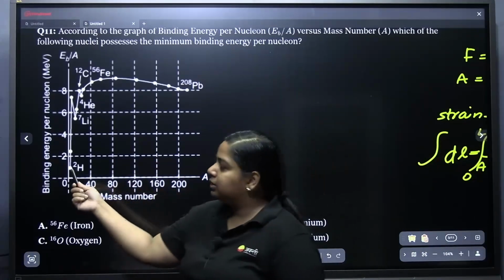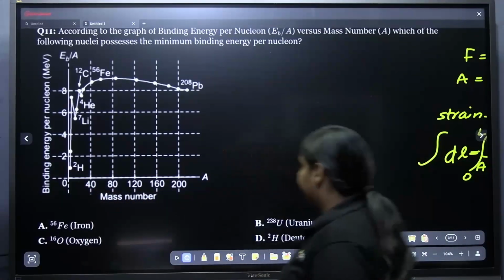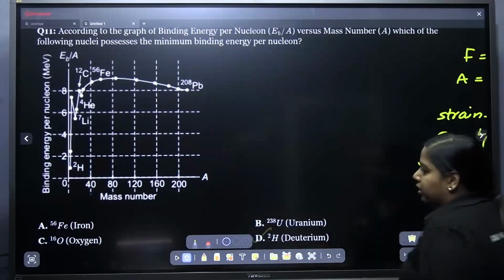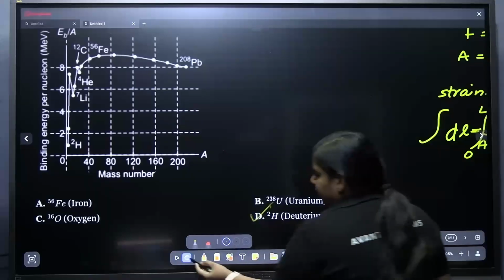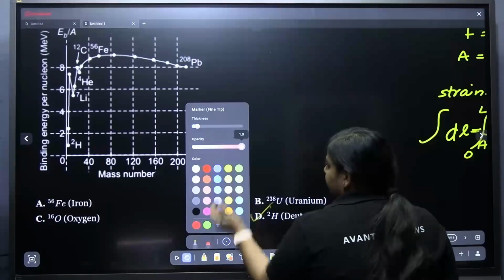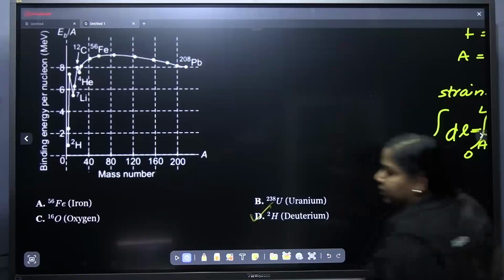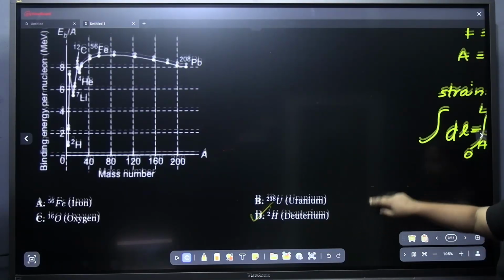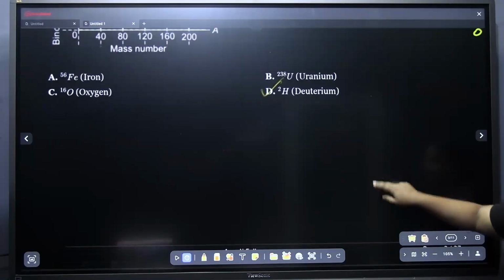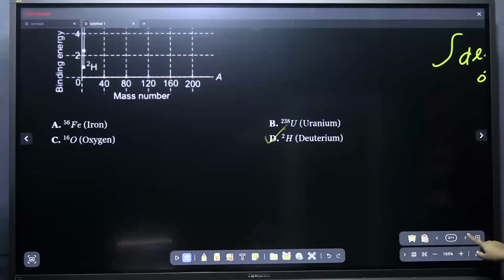Minimum binding energy is at this point, that is deuterium. So option D, deuterium has the minimum binding energy per nucleon. So we can move to the next question.